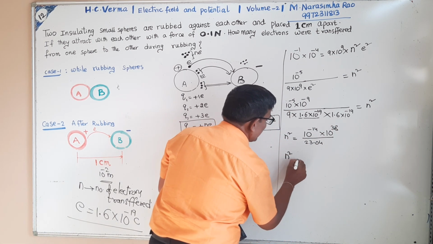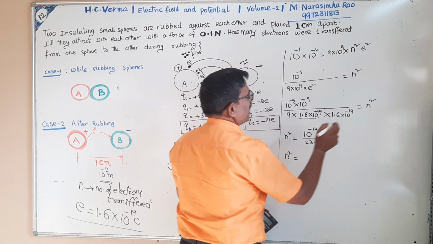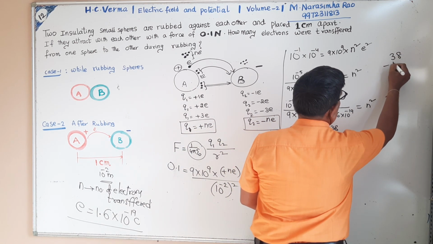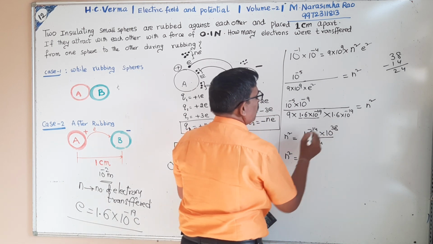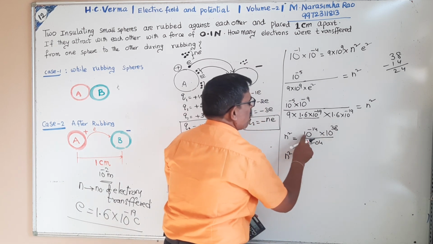So n square is equal to 10 power 38 minus 14, which is 10 power 24.